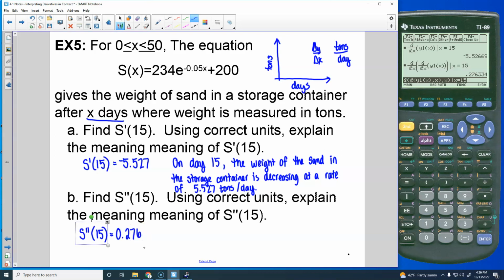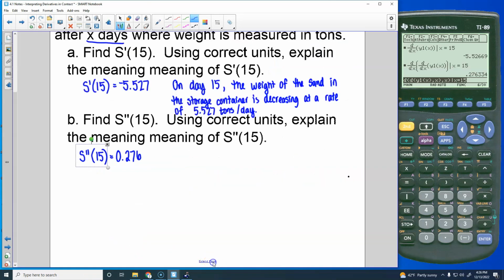And let's think about our units a little bit here. All right. And so on our x-axis, we still have just the same thing. We still have days. But on our y-axis, we've got tons per day.